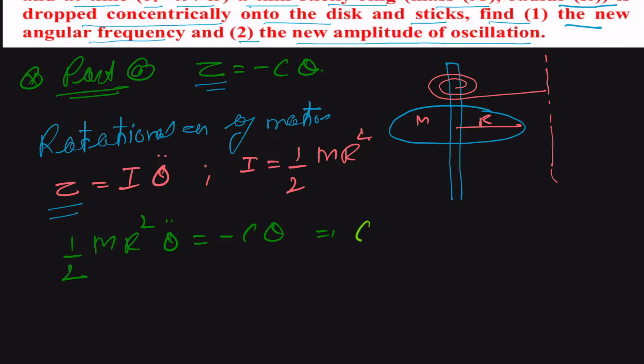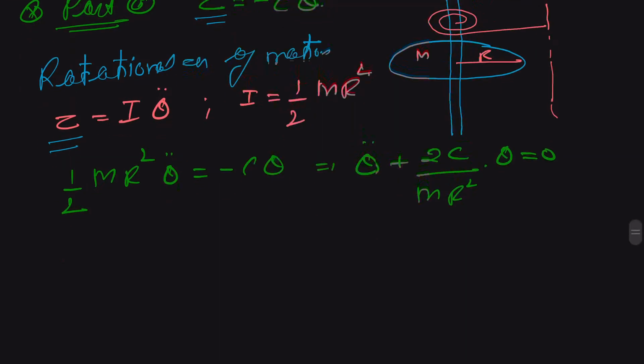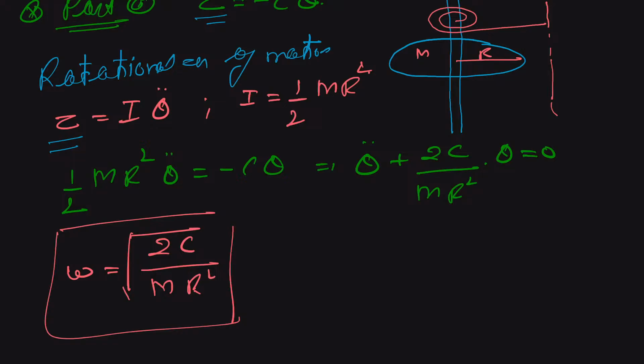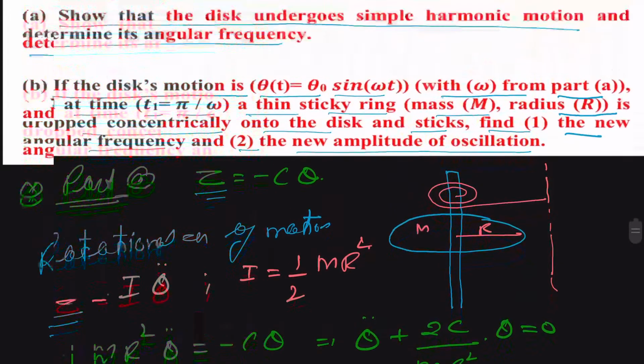We can write this as theta double derivative plus twice C upon m r squared times theta is equal to 0. So we get that our omega will be equal to the square root of 2C upon m r squared. So this is the angular frequency we were supposed to find.